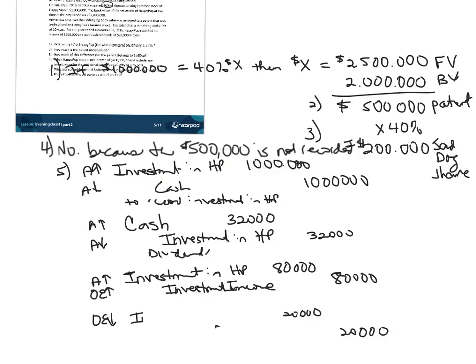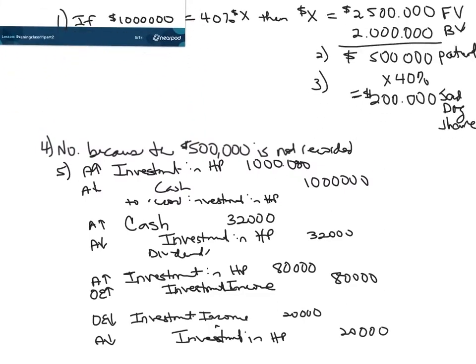Rather than using an amortization account, I'm just going to debit the investment income that I just recorded. Right? I'm basically making this $80,000 smaller by $20,000. And I'm crediting the investment account. Okay, so that's my 4 entries.